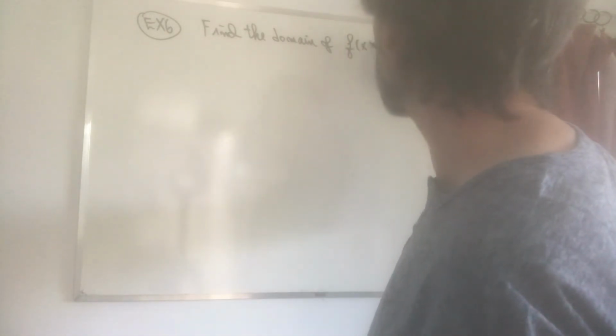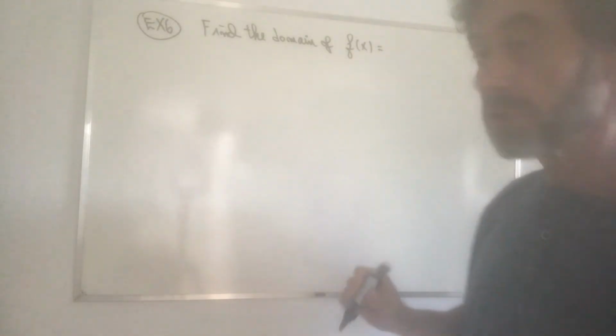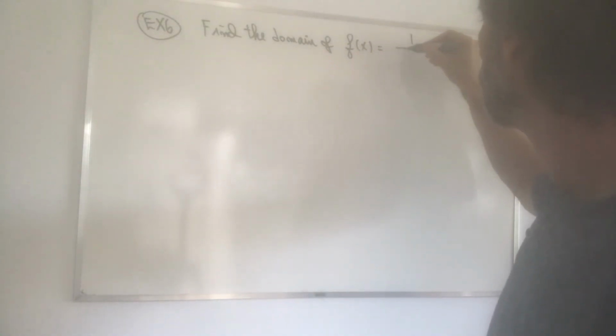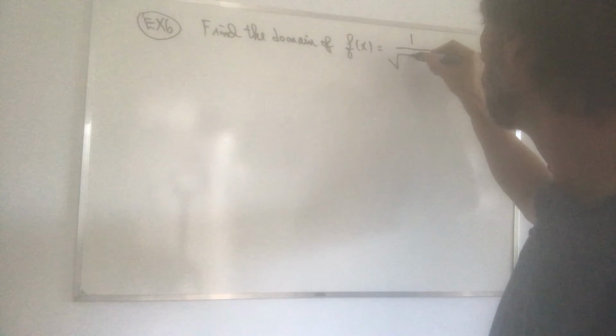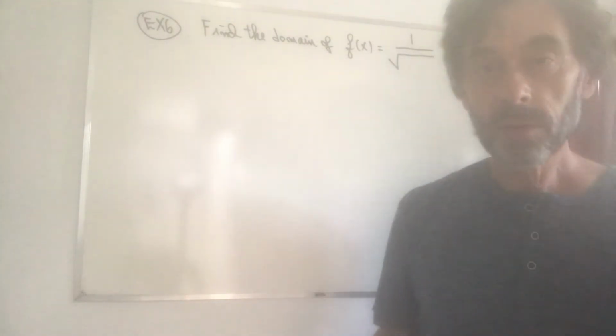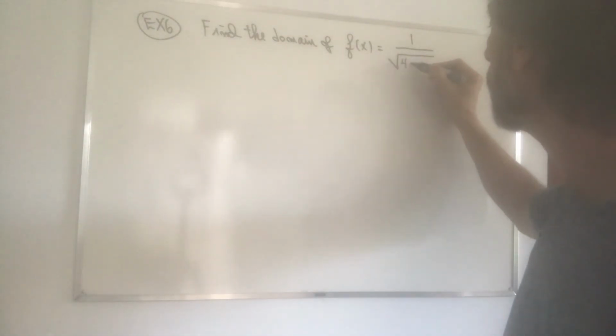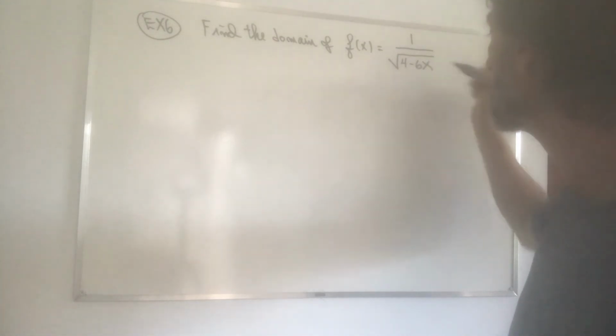Okay, suppose I have, this would be example 6, I guess. Find the domain of f of x equals the following. 1 over the root of 4 minus 6x.